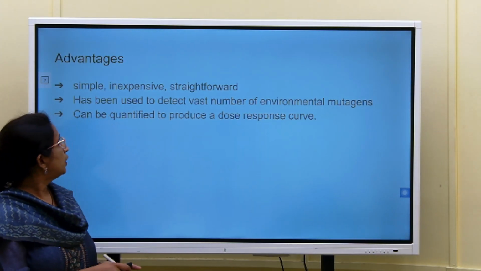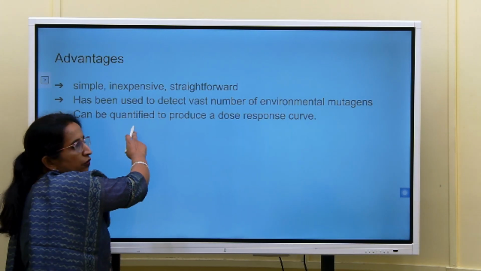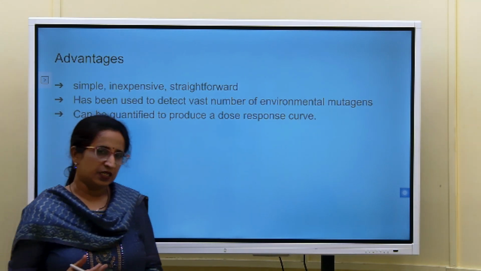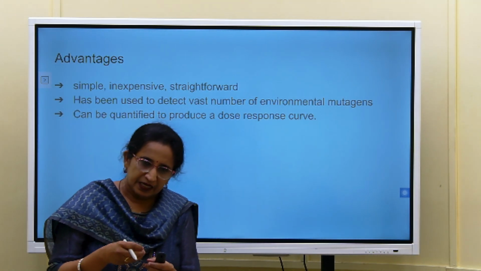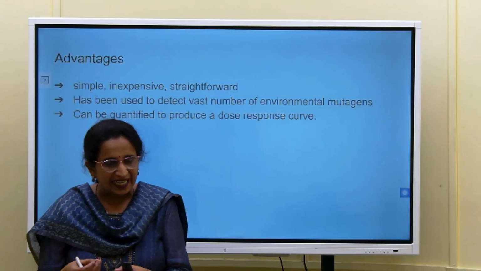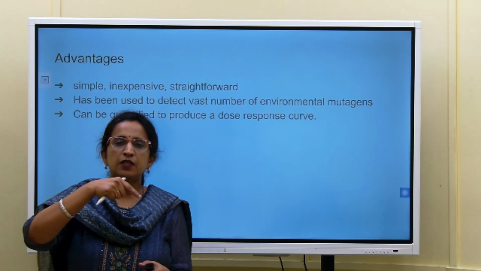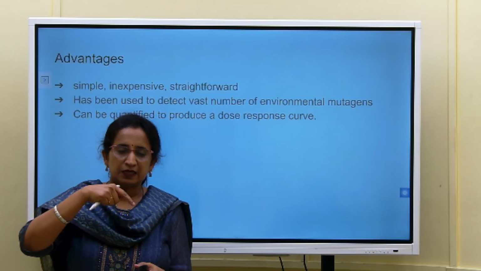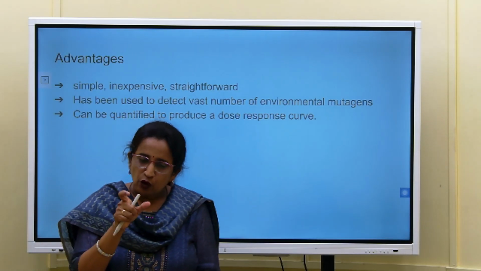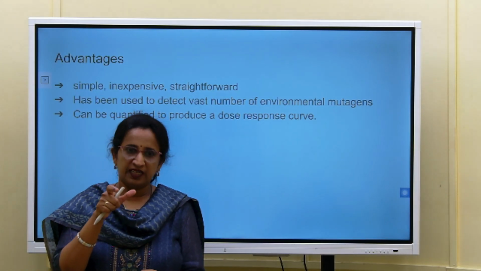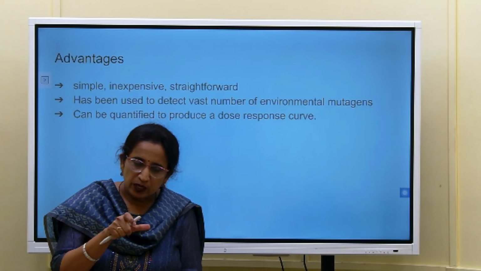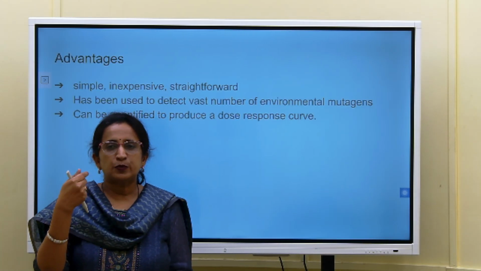And thirdly, you can also do quantification with this method. Now, how can quantification be done? When the filter paper disc is put on the plate, there are colonies growing around the filter paper, almost in the form of a circle. So the diameter of that zone can be measured, and this way you can get a dose response curve.